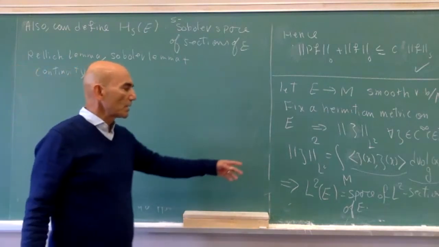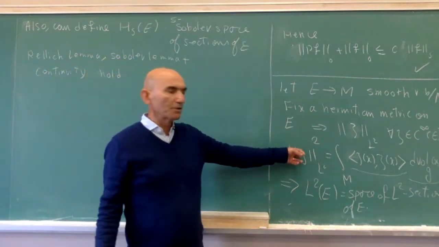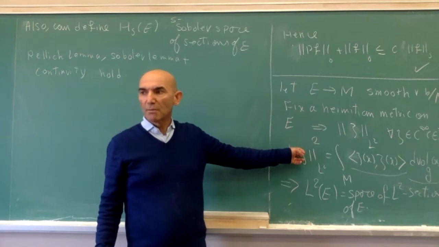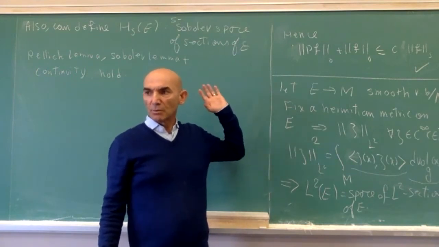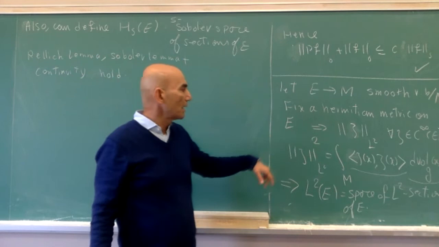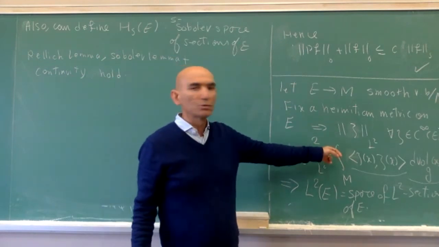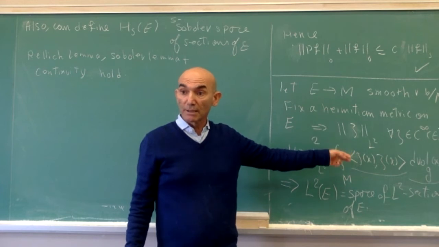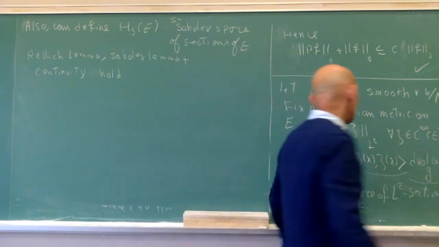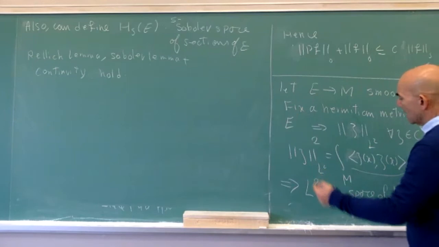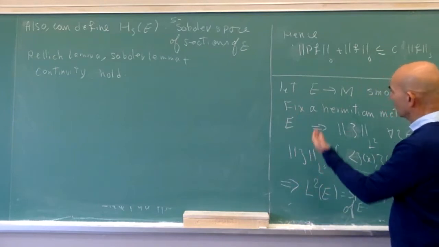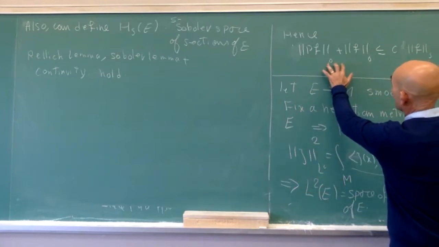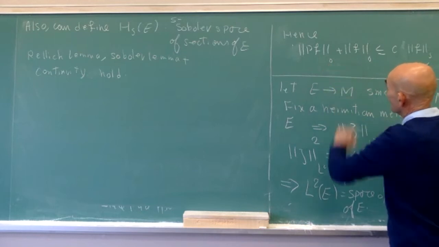Also, a result similar to what we just proved here also holds, namely, these S-Sobolev spaces can be defined in terms of one elliptic pseudo-differential operator acting on sections of this, which you can construct of order S. Then you can define everything in terms of this kind of norm.